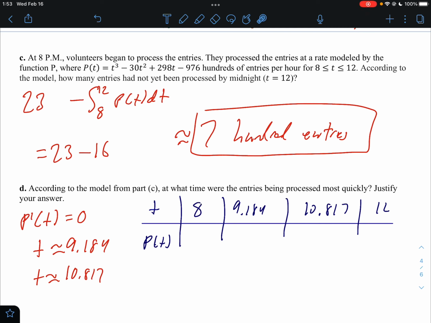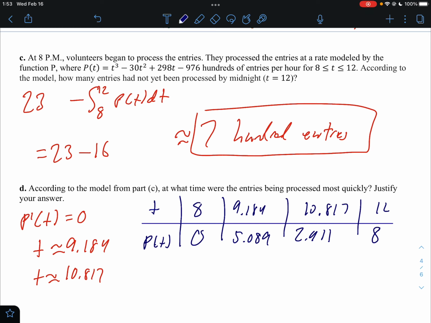Sorry. And put them in P of T and see what you get back. All right, I highly encourage you to try that on your own, make sure you're doing this right. And we should get 0, and then for the first critical point, 5.089. For the second critical point, 2.911. And for the last critical point would be 8.